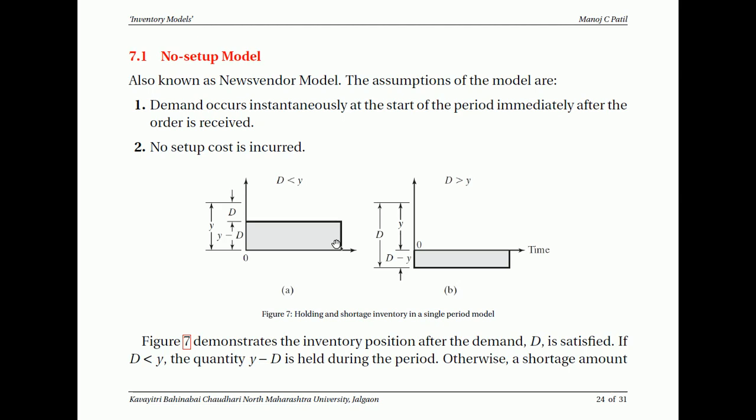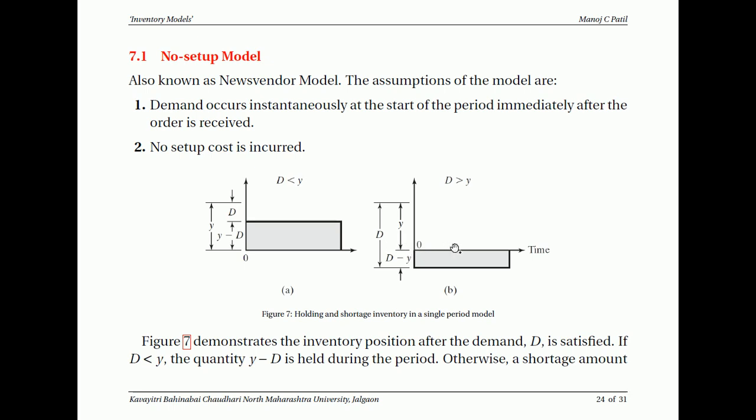At this point, the holding cost of a paper for a day is 25 cents. And if demand is more and he has less quantity, then for each copy he would have earned 45 cents, so there is a loss of 45 cents for those d minus y quantities.